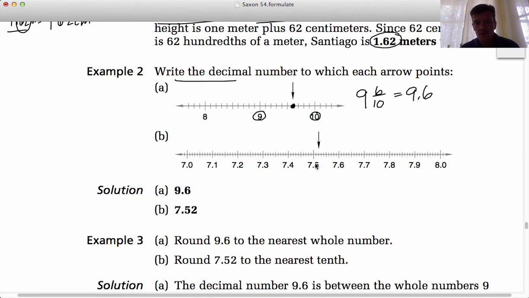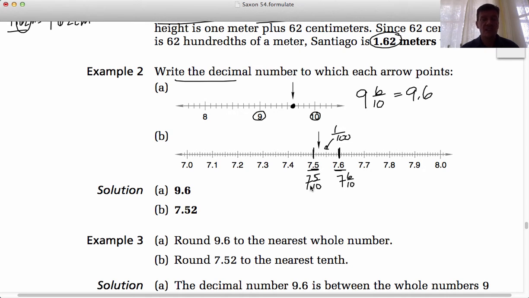Here, notice now, be careful, look very carefully. This is 7.5, and then this is 7.6. So this mark is 7.5, this is 7.6, and there are 10 marks in between that. So every mark here is representing a hundredth, because this is 7.5, or 7 and 5 tenths, 7 and 6 tenths, and if you've got 10 marks in between tenths, then those are going to be hundredths.